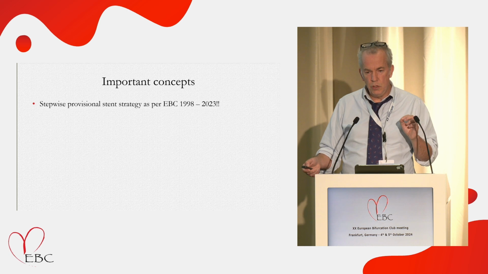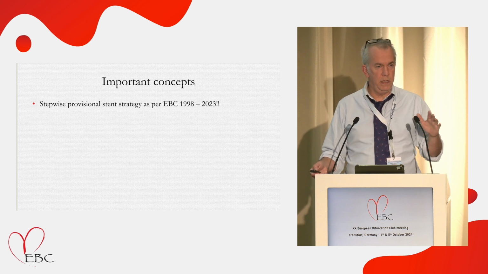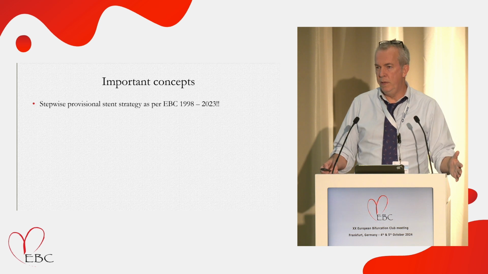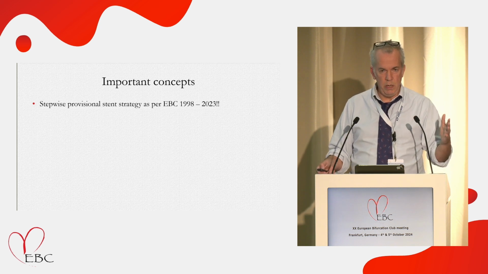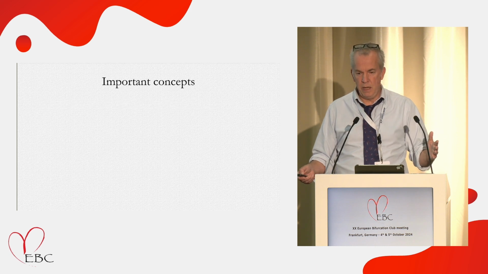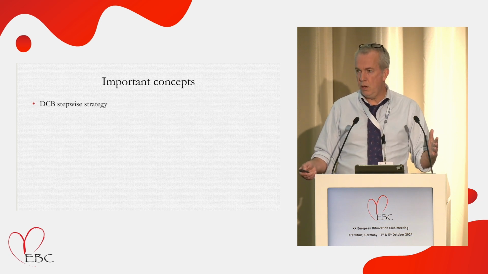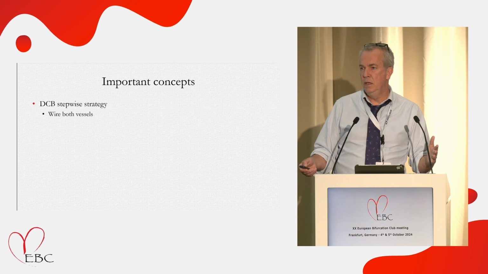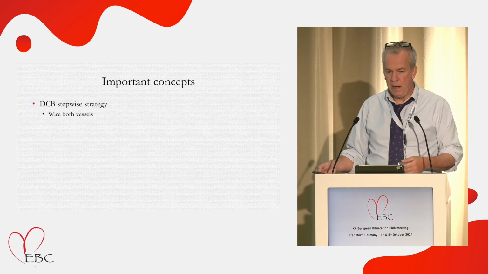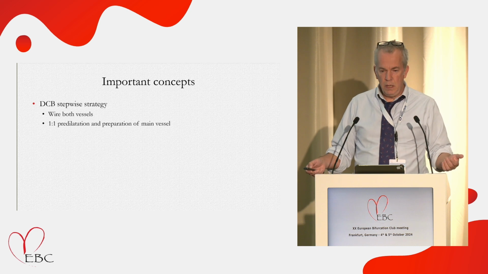So the important concepts for this study are, okay, provisional stenting, straightforward. We've all been talking about it for years. We know the drill. It's exactly as written on the tin. For the drug-coated balloon strategy, it's taken us a while to learn from all the people on the panel here who've been doing this for years.